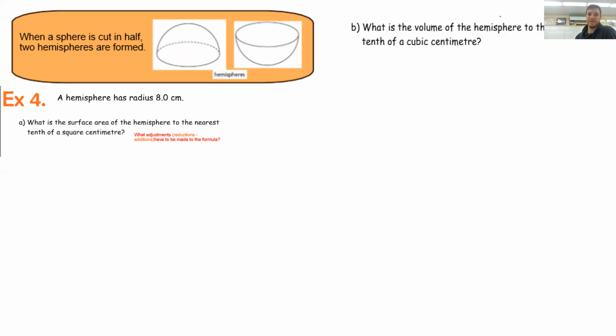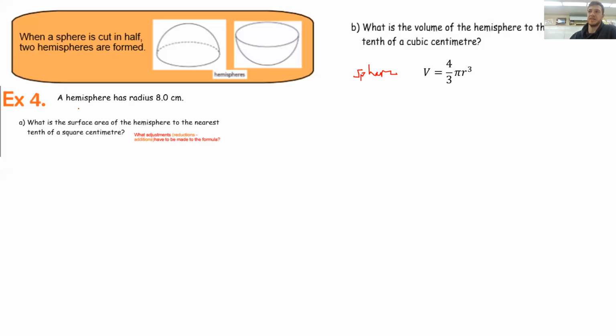Cutting something in half? You divide by 2. Very good. So I'm going to do the volume first because it's a little bit easier. You have a sphere. That's the volume of a sphere. And just take that volume and divide it by 2.